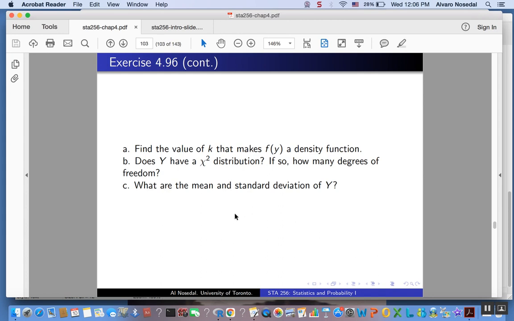And once we have it, we would like to find the mean, the expected value, and the standard deviation of the random variable y. So let's try and do part A first. Let's try and find the value k that makes that expression a legit probability density function.